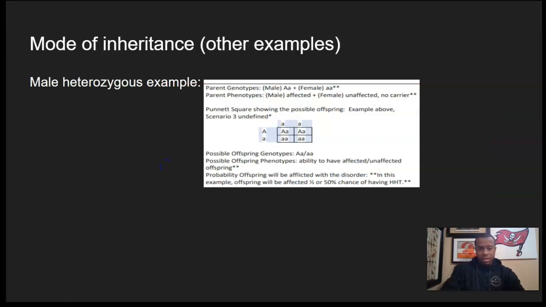This is a heterozygous example via a male and a homozygous recessive female, and this is just a 50% chance. So you can see the differences between homozygous dominant and heterozygous in the ability to pass it on. You would hope to be lucky enough, if you do have the disorder, to be a heterozygous person.